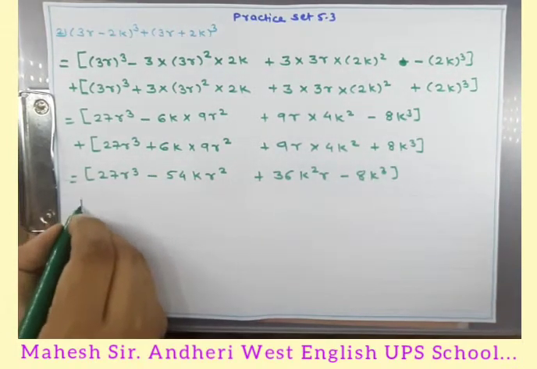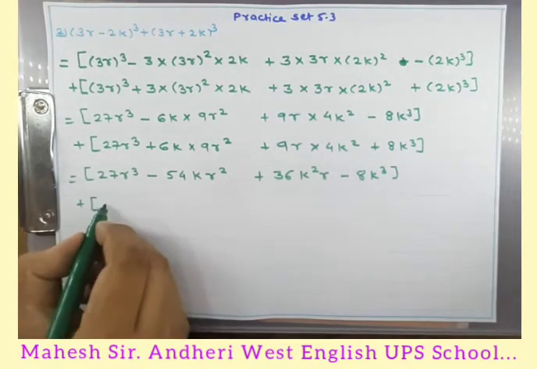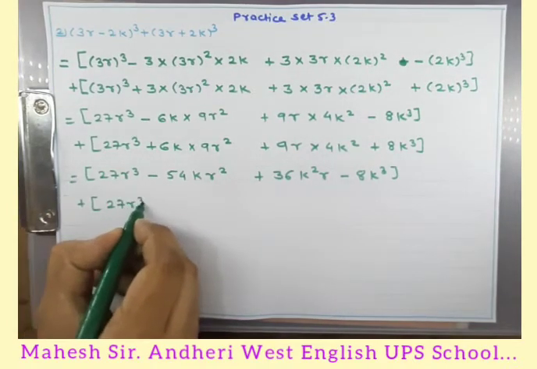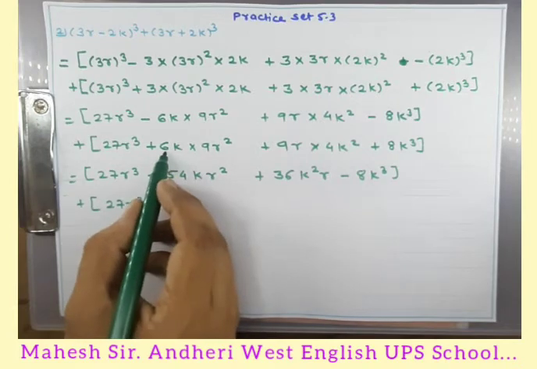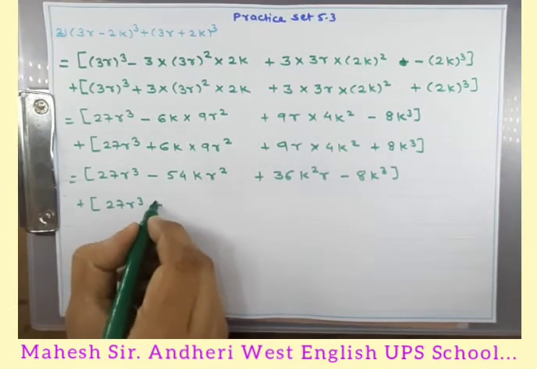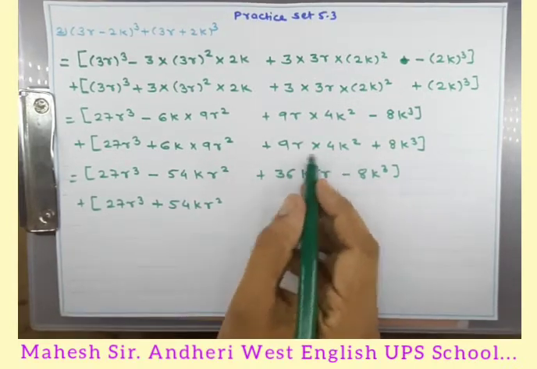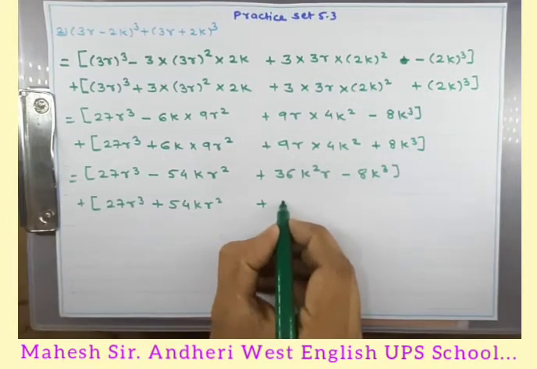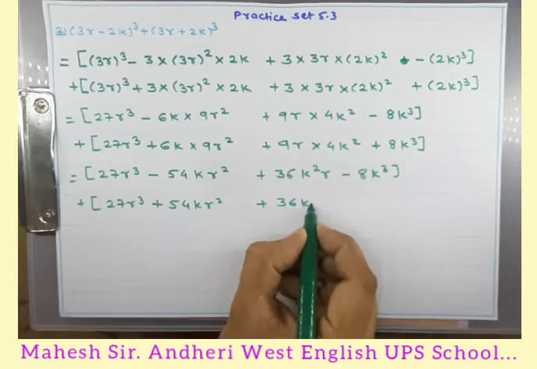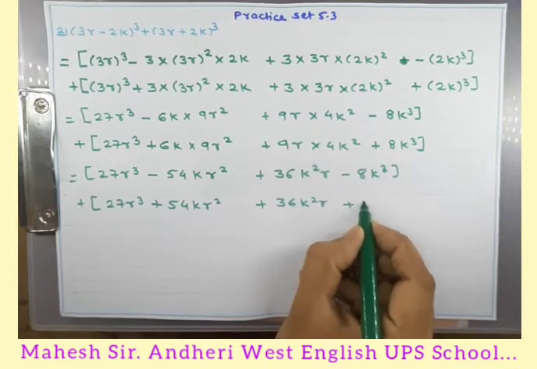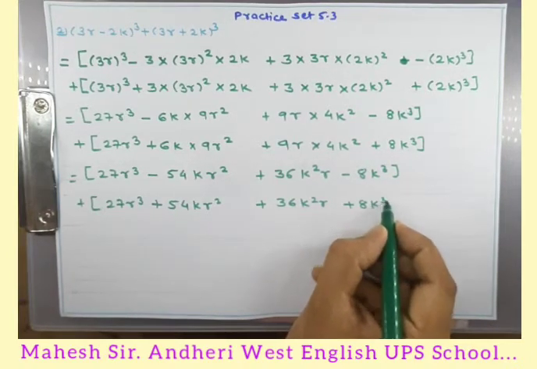Then plus 27r cube as it is. Here we will multiply, same thing, so I will directly write the answer: 54 k r square, again the same answer, plus 36 k square r and plus 8k cube.